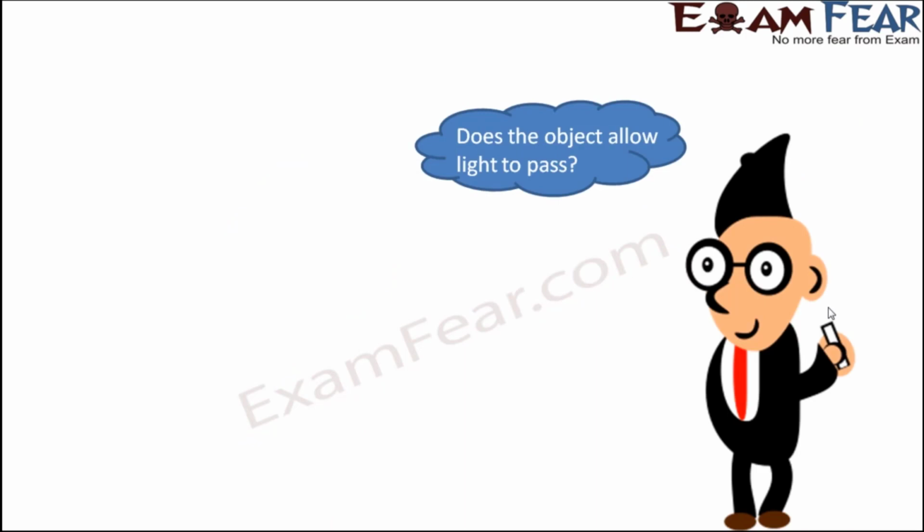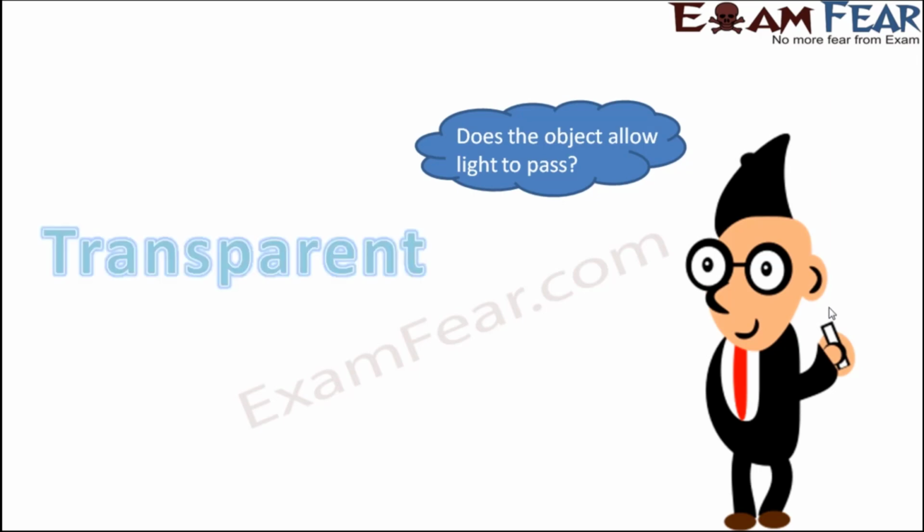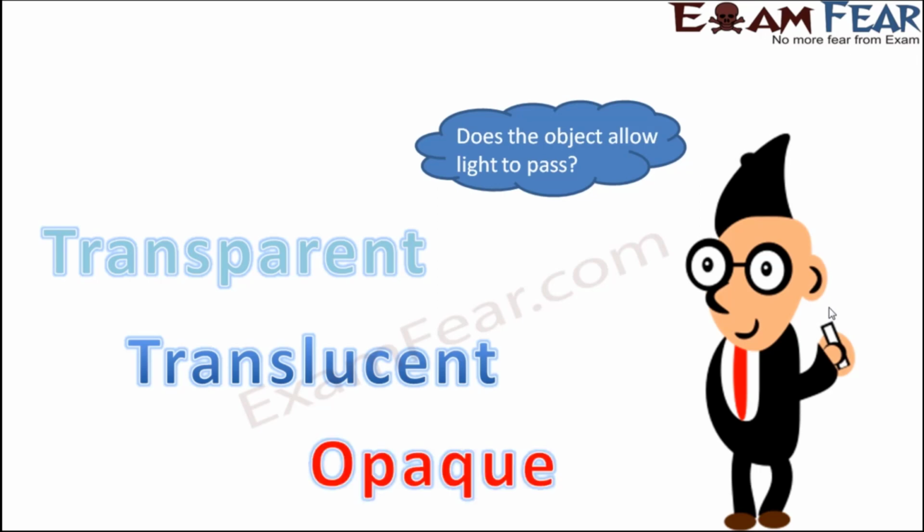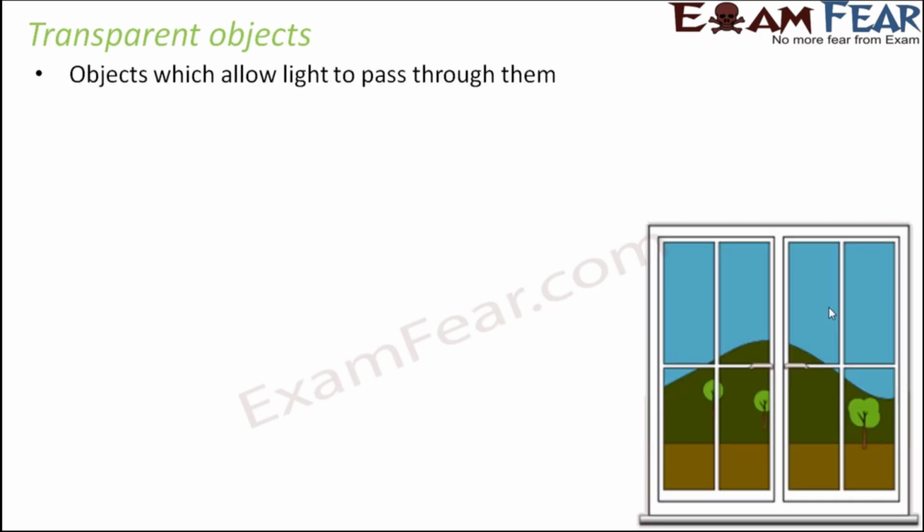Now, there are three categories of objects. Does every object allow light to pass through it? Based on this criterion, all objects can be classified into three types: transparent, translucent, and opaque. These are the three categories of objects. Transparent objects are those objects which allow light completely to pass through them.